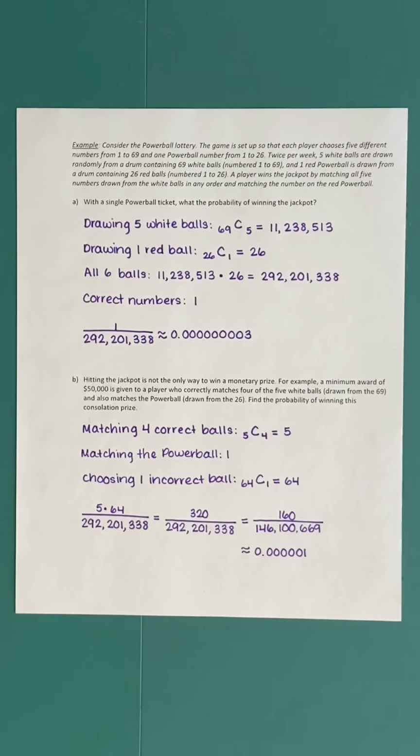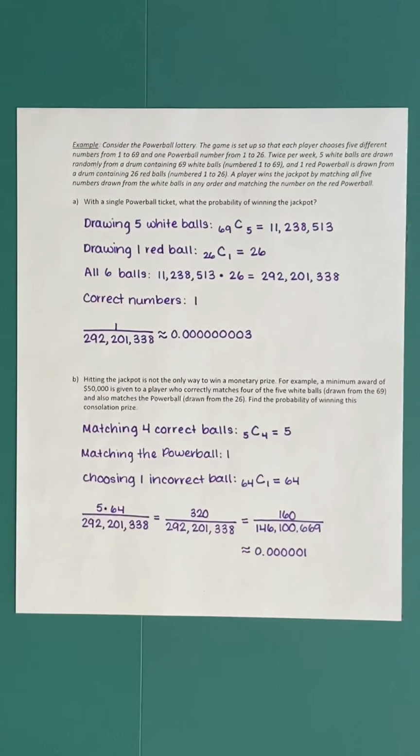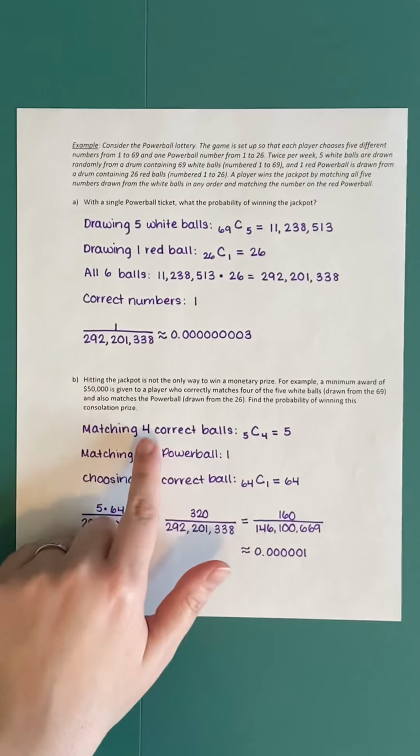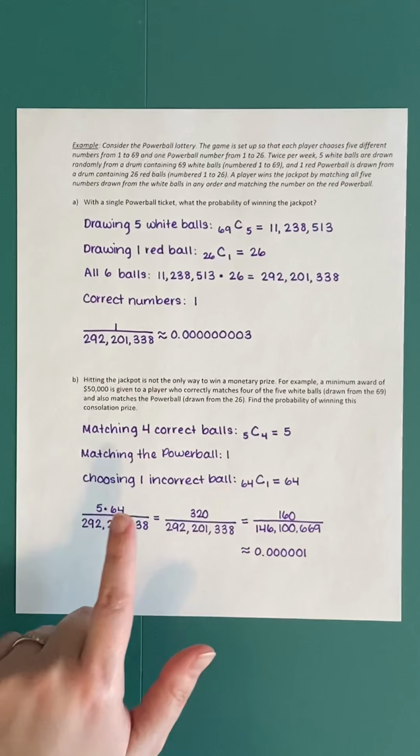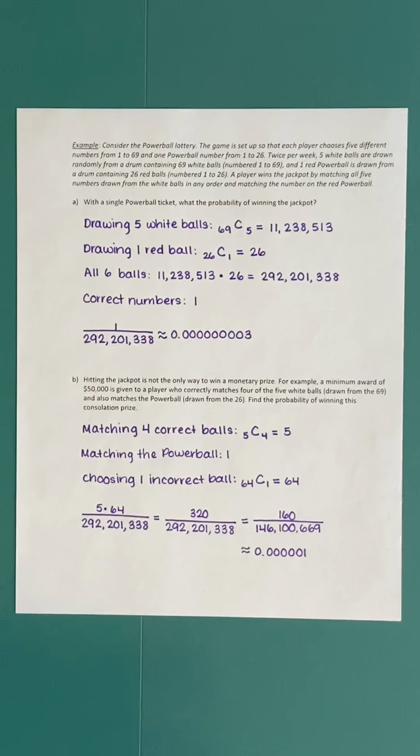Now those 2 are obvious. We have to choose those. Those are essentially the same as here. What's the final step? Well, we have to think about what a lottery ticket looks like. The lottery ticket requires that we have 6 numbers. 4 of the white numbers matched, and then 1 of them doesn't match. We have to pick 6 numbers in order to fill out the ticket.